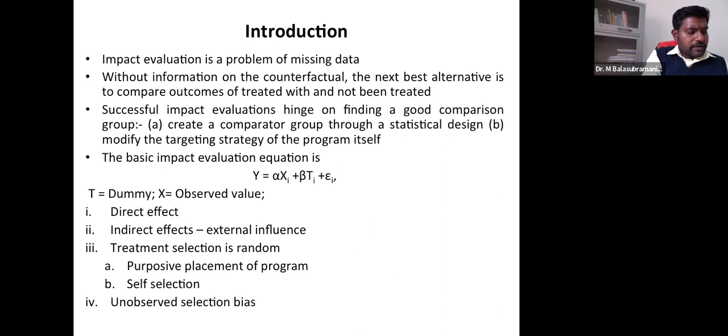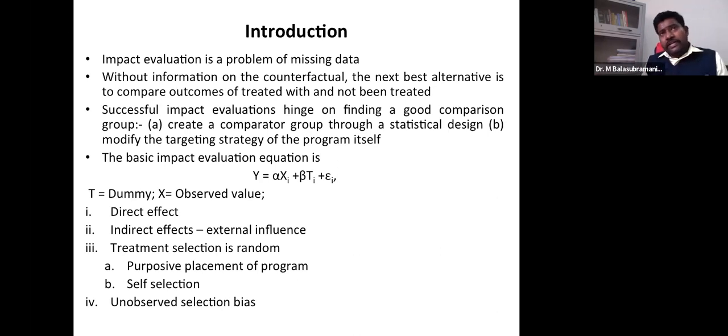What does counterfactual mean? A beneficiary's outcome in the absence of the intervention acts as the counterfactual, in any impact evaluation of programs, interventions or policy aspects. So the challenge here is to find the appropriate counterfactual.